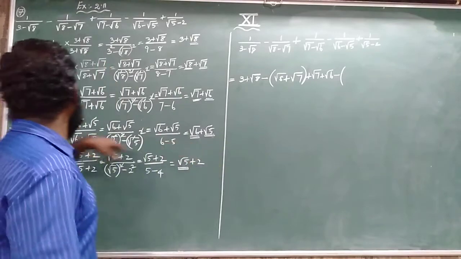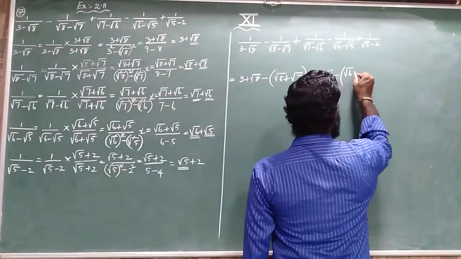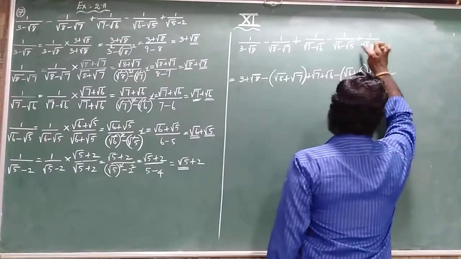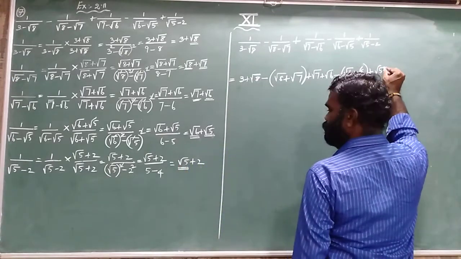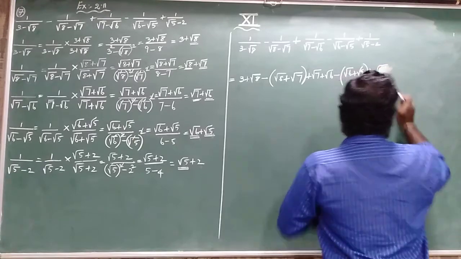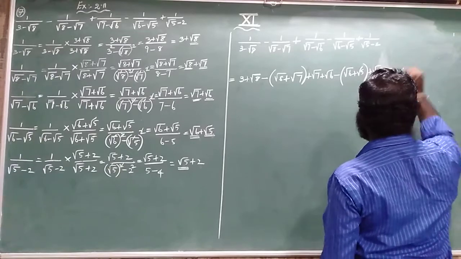Then square root of 6 minus square root of 5 gives square root of 6 plus square root of 5. Next, plus 1 divided by square root of 5 minus 2 is nothing but square root of 5 plus 2.